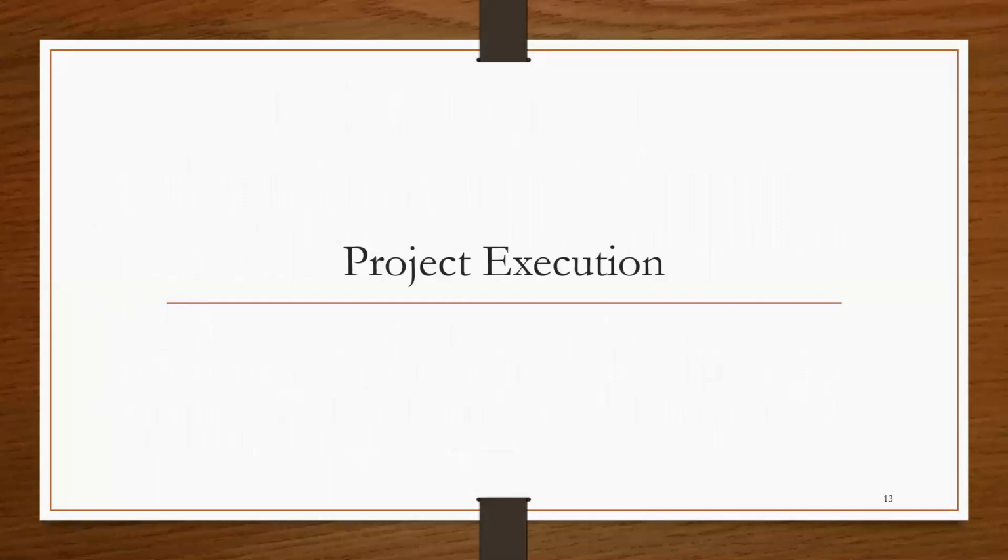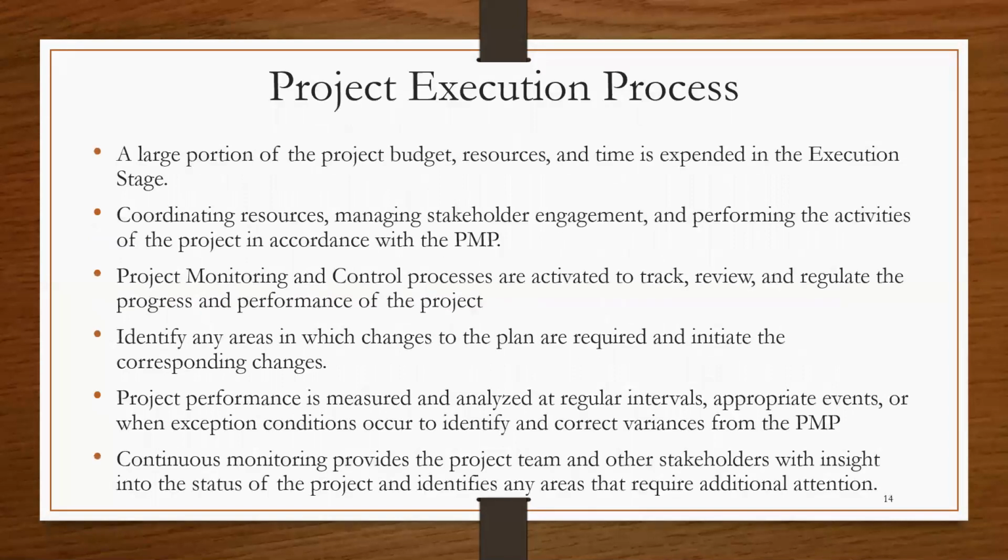Going on to project execution. At the execution stage, a large portion of your project budget, resources, and time is expended. Hopefully at this stage, all your plans are in. You have all your plans, you have all your contractors, you know exactly what you want to do.